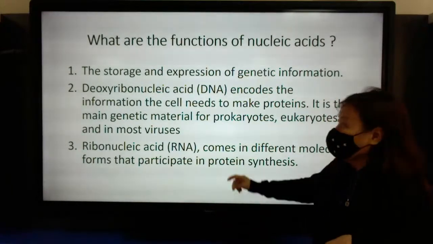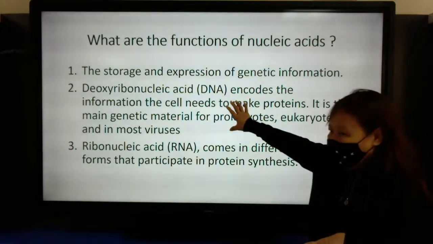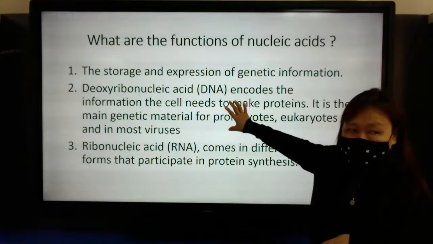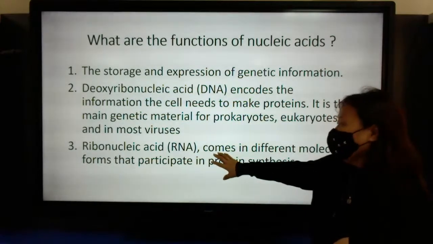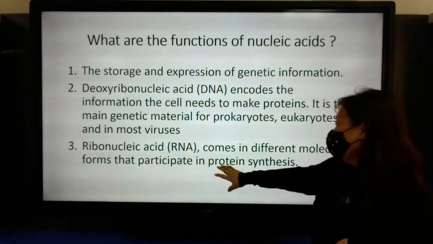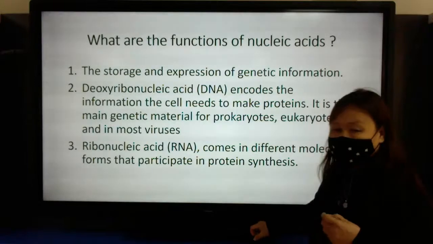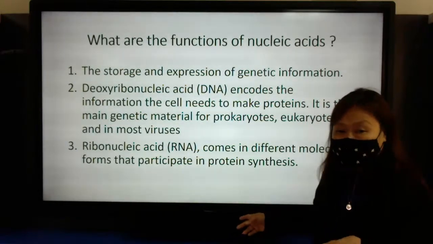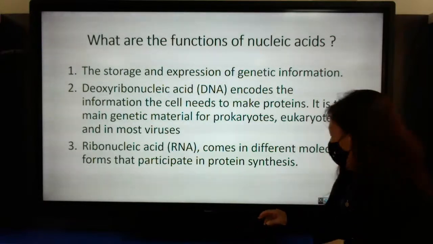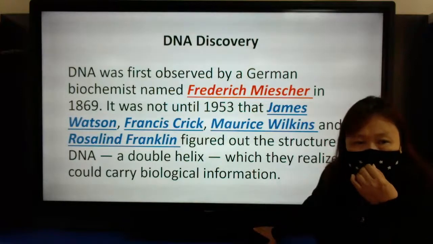But as I mentioned earlier, our focus is on this one only. So DNA stores the genetic material from the parents to the offspring, and then the RNA is the one that participates in protein synthesis. Okay, so I've introduced the vocabulary synthesis to you. Okay, let's move on.